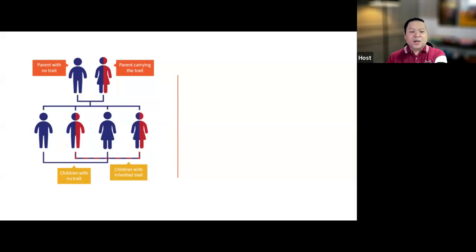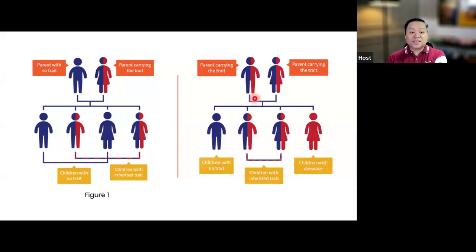Now let's move on into the second figure here, which will give us a sample wherein both of the parents carry the trait. Okay, so both the father and the mother carry the trait. So for example, if they have 4 offspring, please take note here that each of the child has a 25% chance of inheriting 2 normal hemoglobin genes, which is represented by HBAA, normal, right?